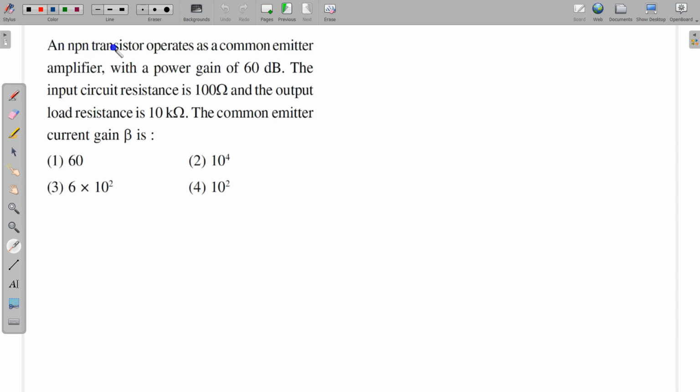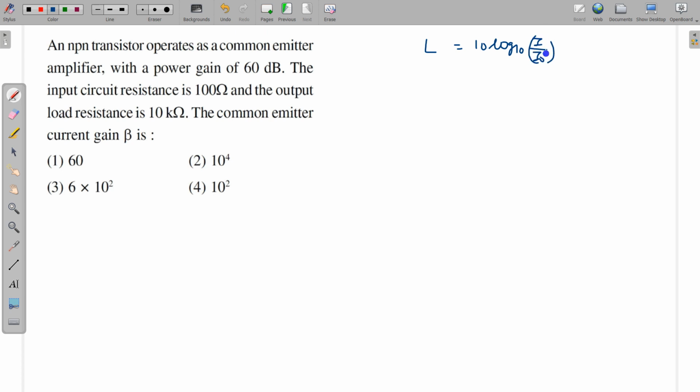Next question. An NPN transistor operates as a common emitter amplifier with a power gain of 60 decibels. Power here is given in decibels, as we study in sound waves that the intensity or loudness of sound waves is given in decibel, and that formula goes something like this. Loudness in decibel is equal to 10 log 10 of I by I naught.